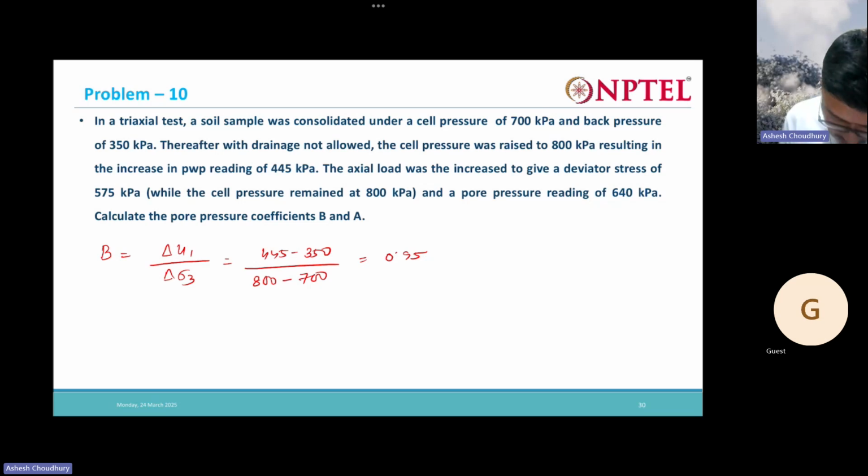Sigma 1 is sigma 3 plus sigma D. Sigma 3 is 800, sigma D is 575, which gives me 1375 kPa as sigma 1. The pore pressure reading is also given, 640. Calculate the pore water pressure coefficient A bar. So how to calculate A bar?